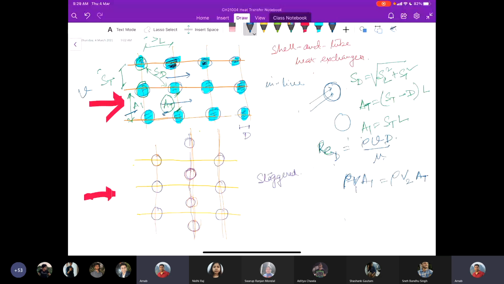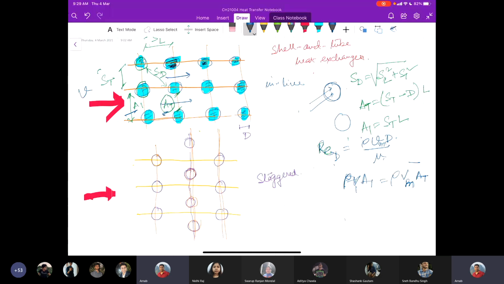So the velocity V2 would be maximum. If I write Vm instead of V2, it would be more appropriate in this case. This Vm, the V maximum, is the velocity based on which we will calculate the Reynolds number.